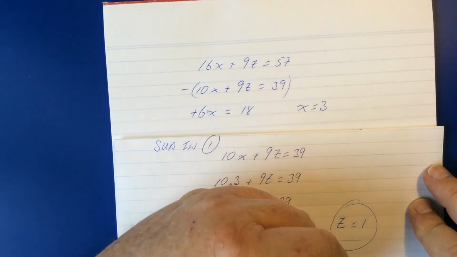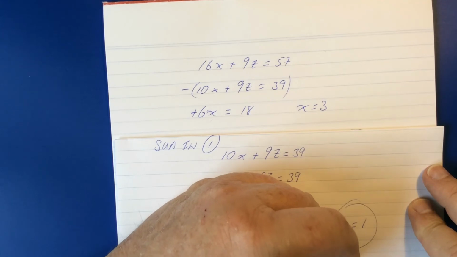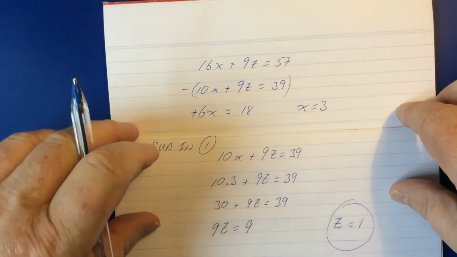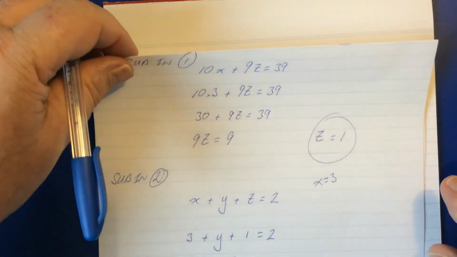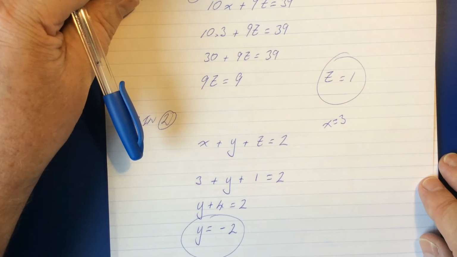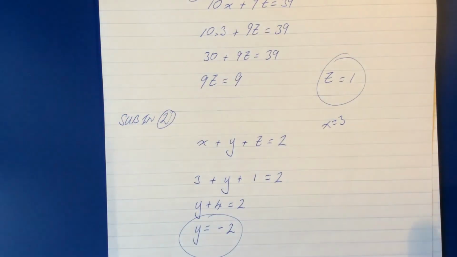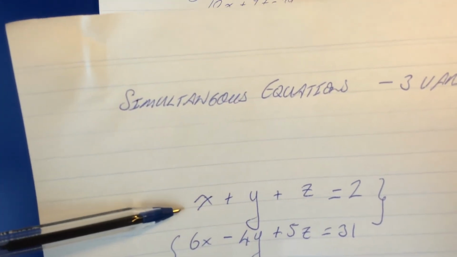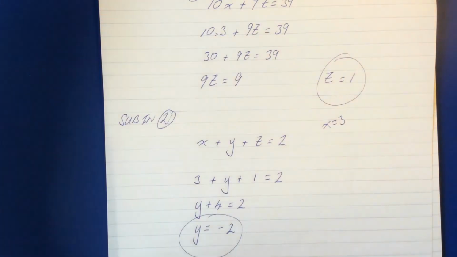Now we already know that x equals 3. So we've got two of the three variables. Just let me pull this page up here. We've got two of the three variables. And that means that we can go back to our original set of equations, and you'll notice that there's a really simple one up the top, x plus y plus z equals 2.